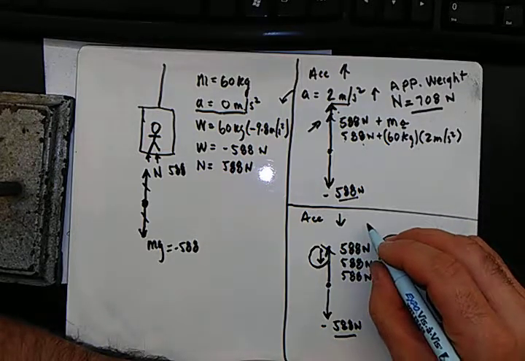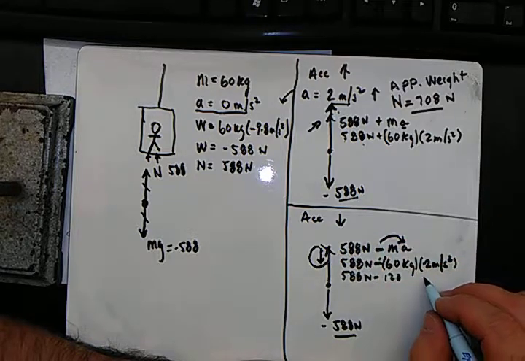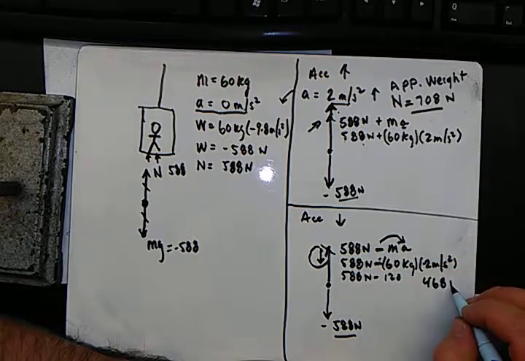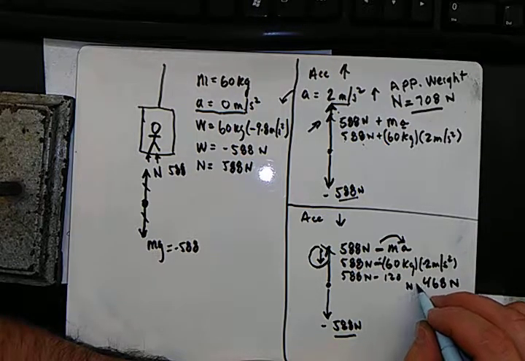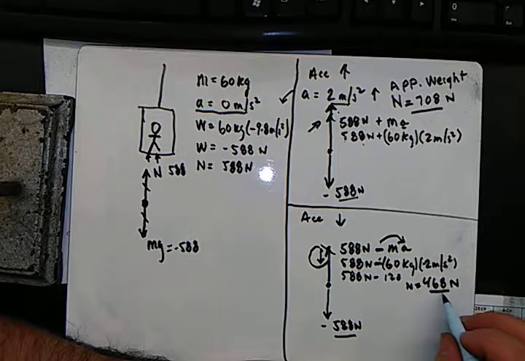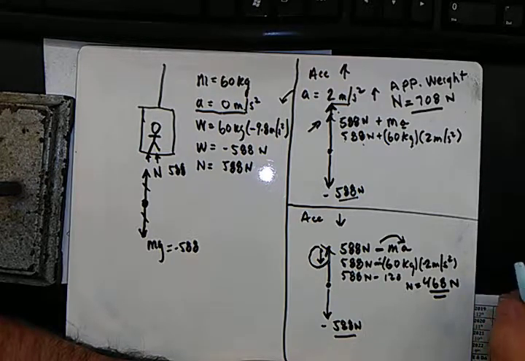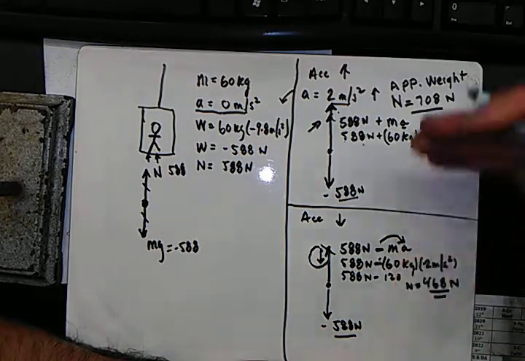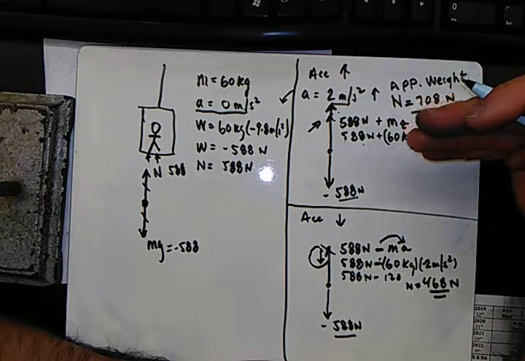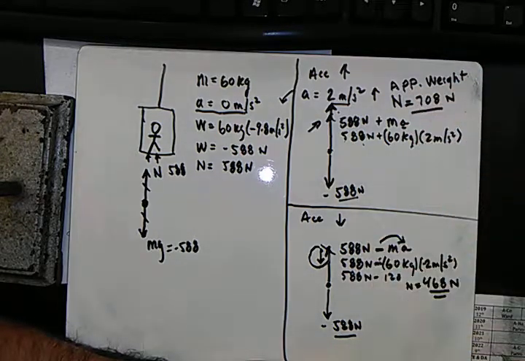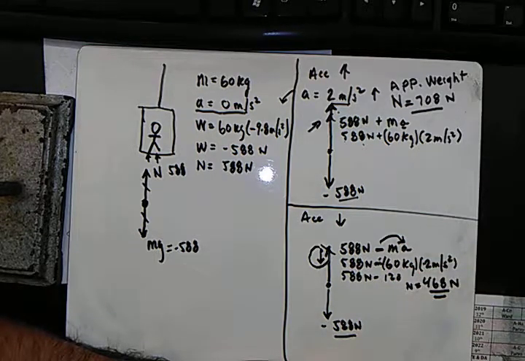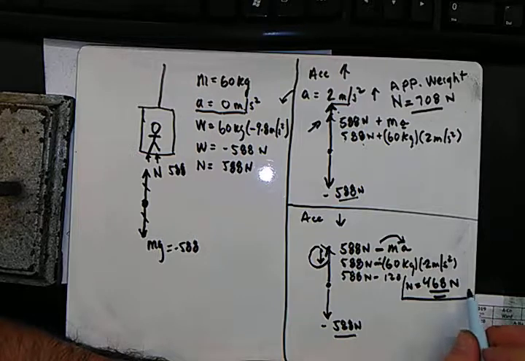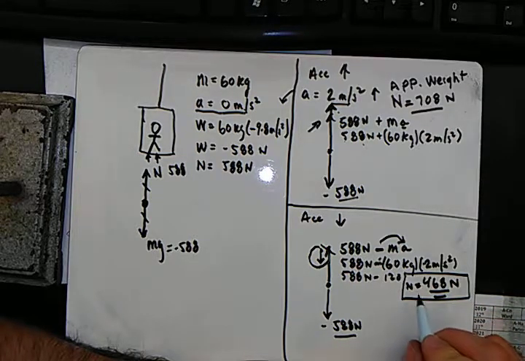So it's 468 newtons. The new normal force is 468 newtons. We've got 468 pushing up and 588 pulling down. That just means that it's accelerating down, which makes sense. And this is our new apparent weight. This is the normal force pushing up on the person's feet.